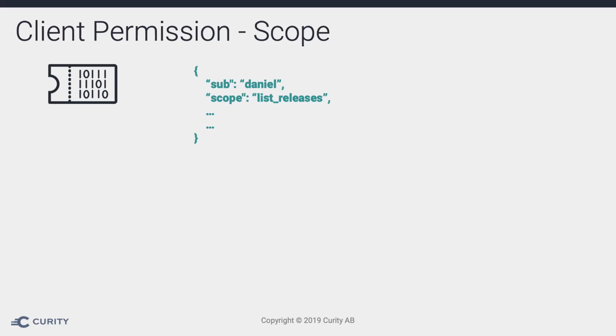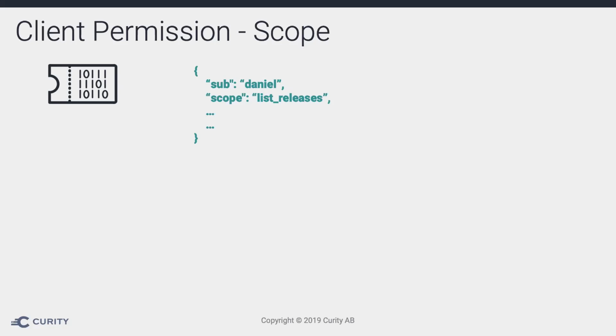This static string has to be known by both the client and the API, but also the OAuth server. And as you can see in my example, there is list releases, that would tell us that this token is allowed to list the available releases at an API of some sort.